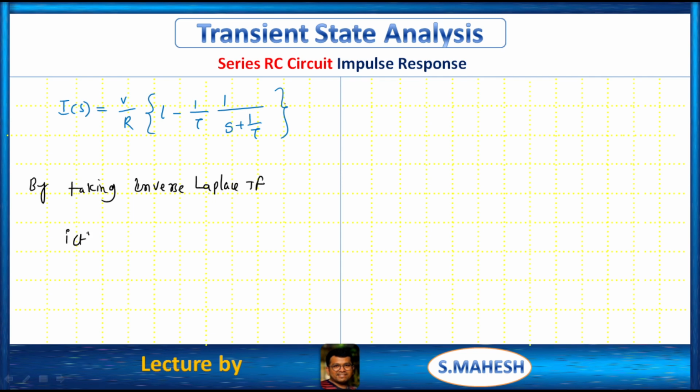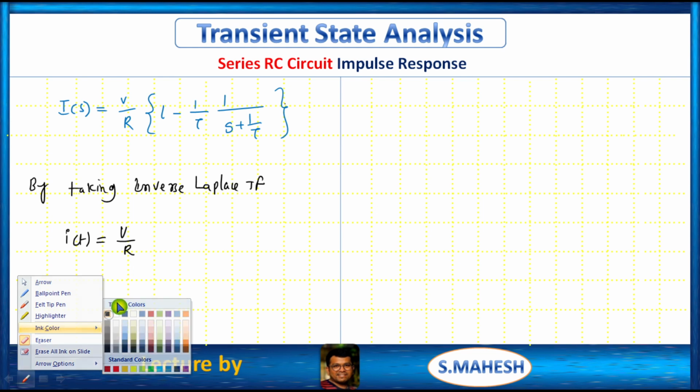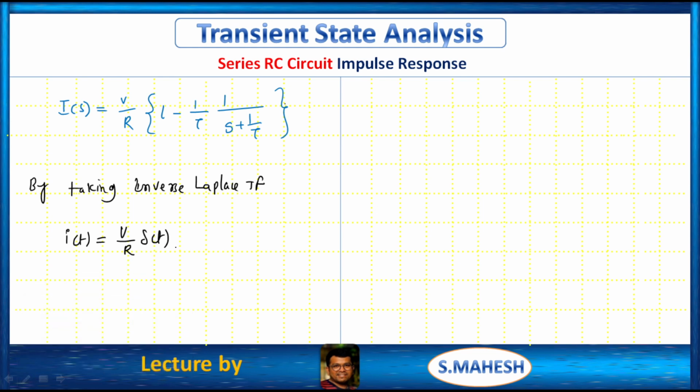I of T equals delta of T minus V by R into tau, this one, into 1 by S plus a, which is nothing but E power minus T by tau.